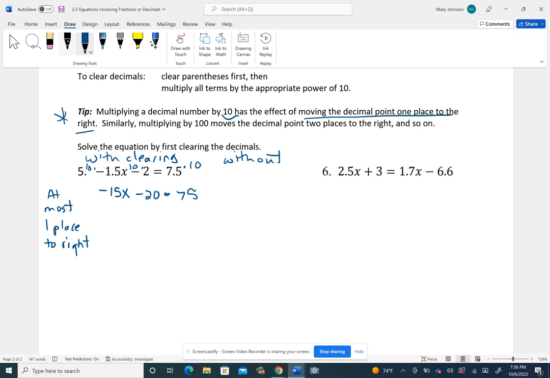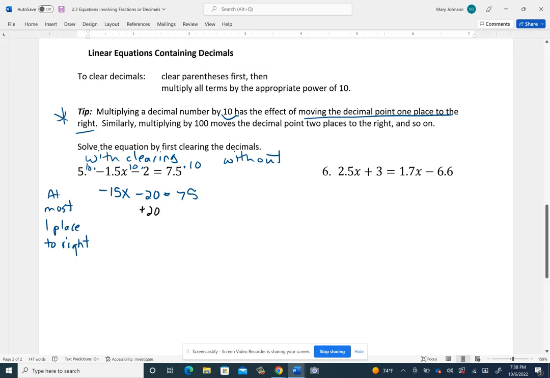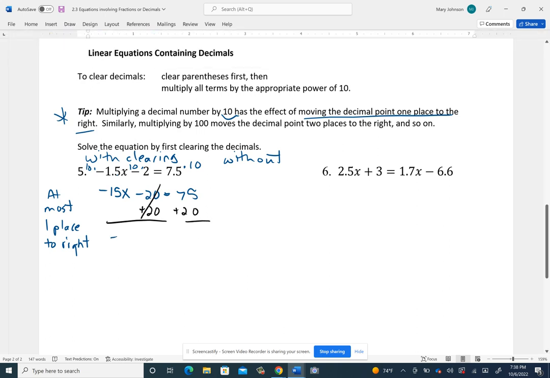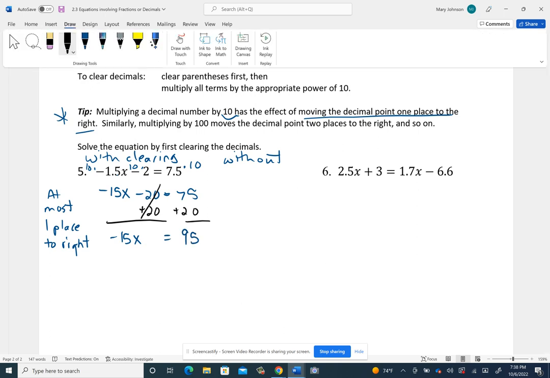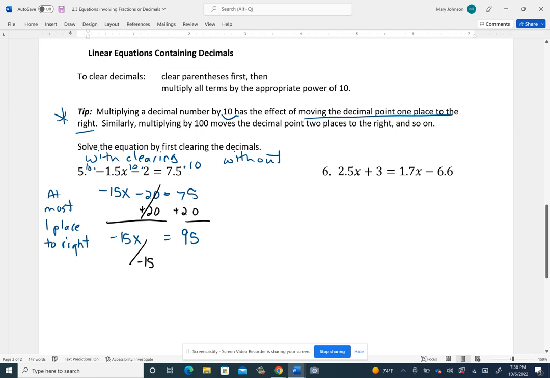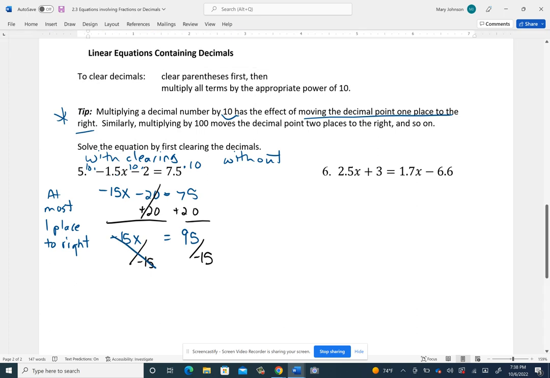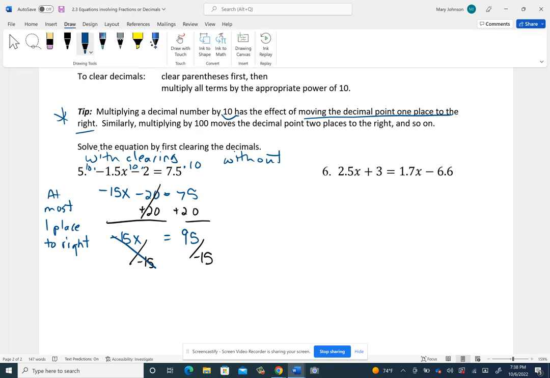So I'm going to start that regular solution process. I'm going to add 20, and I'm going to wind up with negative 15x equals 95. Then I'm going to divide by negative 15 on both sides, knocking out the negative 15 and being left with just x.